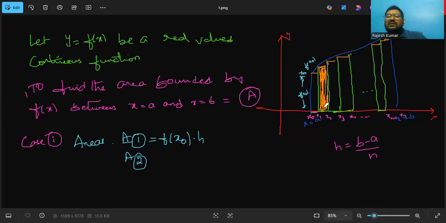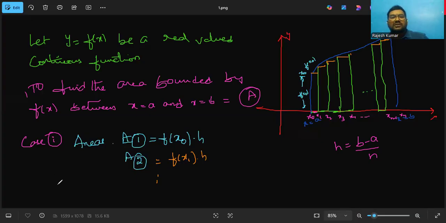Its area is equal to length into breadth. I can say this is the breadth and this is the length. Using the point, I can say it is x1 comma f of x1. So the second area is f of x1 into h, and so on.